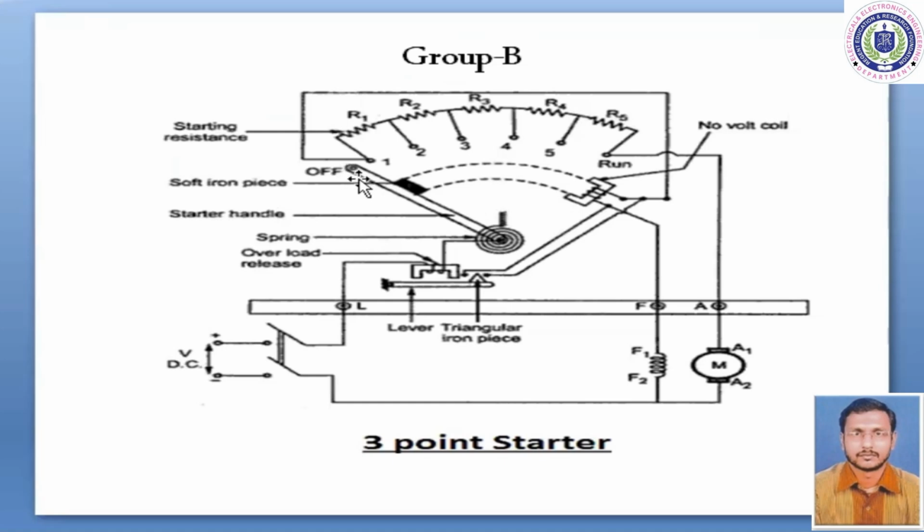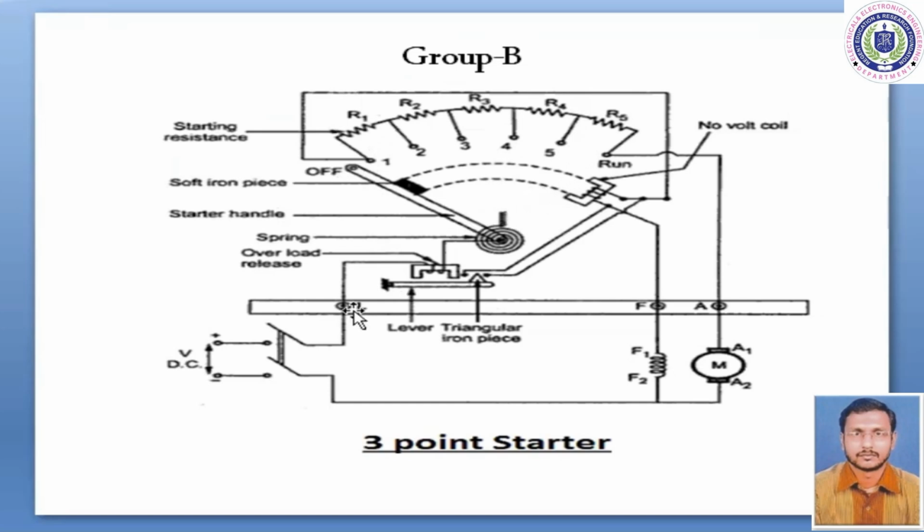At the time of starting, the arm should be in position one, and after starting, we gradually decrease the value of resistance, and at the run position, the value of the resistance becomes 0.